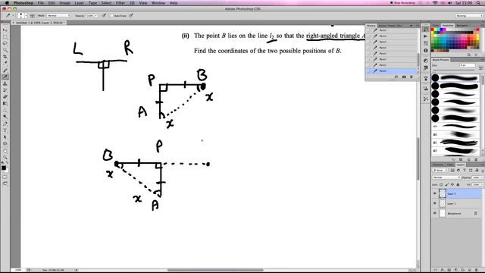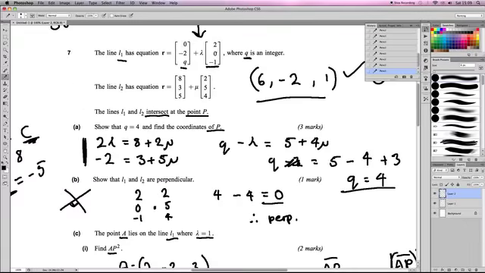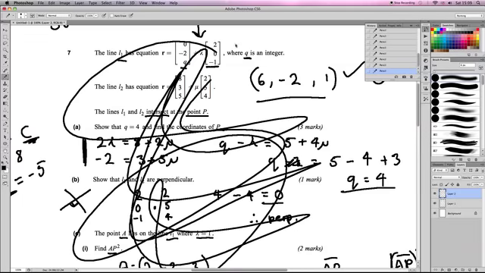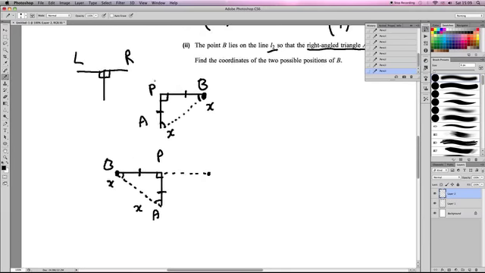It doesn't entirely make sense to find an angle x, just because we haven't been working with any angles throughout this entire question at all. Whereas we did just find the magnitude of AP. And now the magnitude of AP is this distance right here. So we've just found that distance.